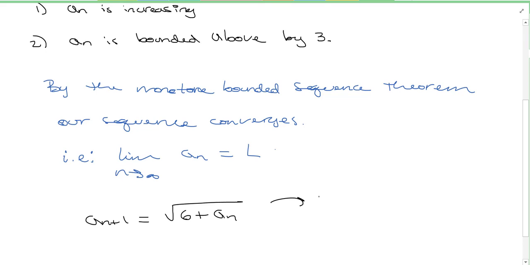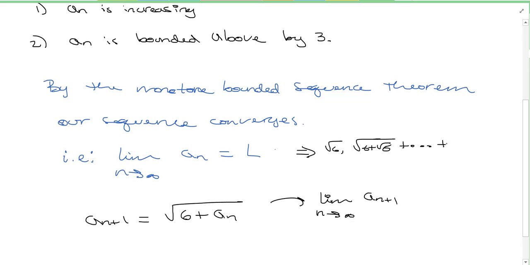So side note here, what do you know about the limit as n goes to infinity of a sub n plus 1? Well, the limit as n goes to infinity equals L means that if you start listing the sequence, the first term is root 6, and then root 6 plus root 6, and so on.